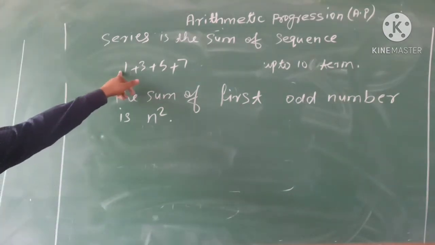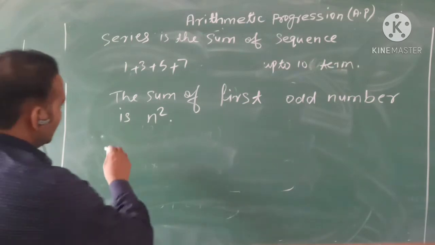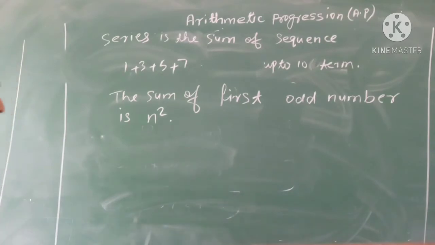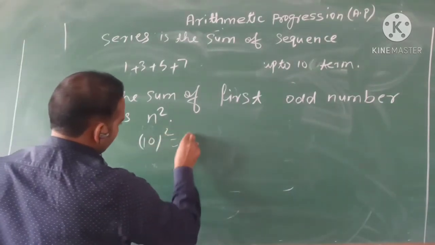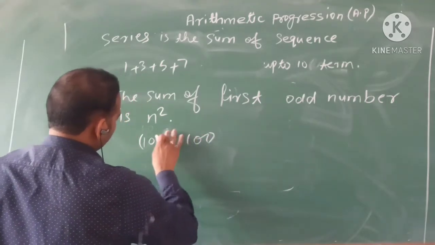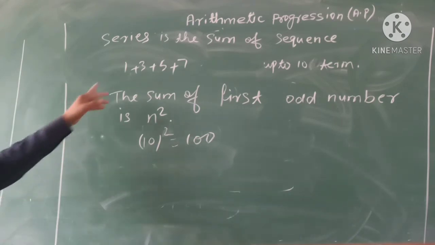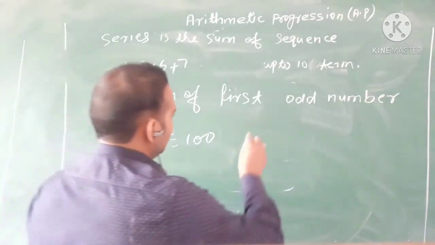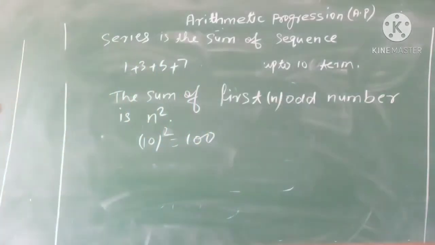That is, the odd numbers start from 1. How many terms are there? 10. 10 square is 100. This is the short formula to find the sum of the first n odd numbers. N is any number.